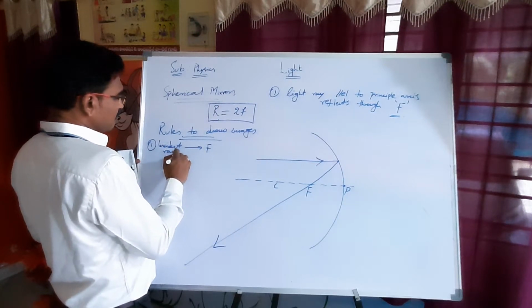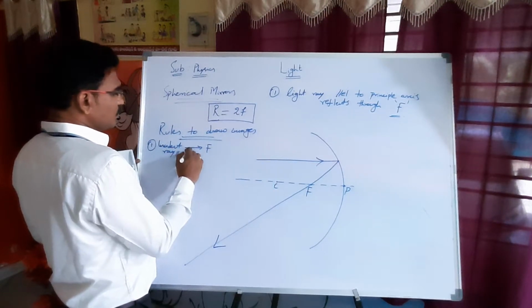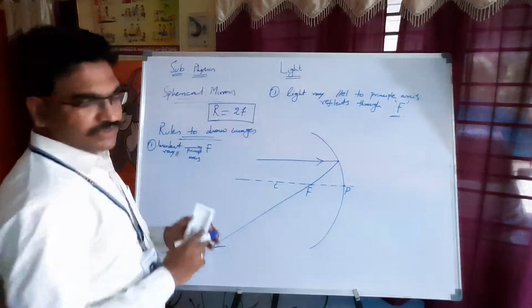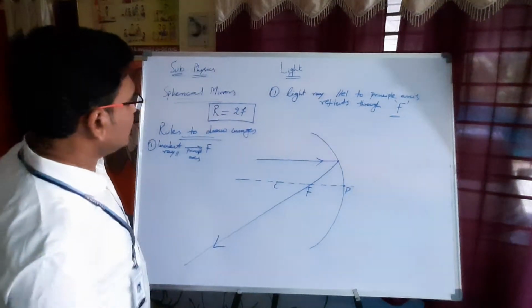Incident ray parallel to principal axis passes through F. Okay, this is what we can discuss now.